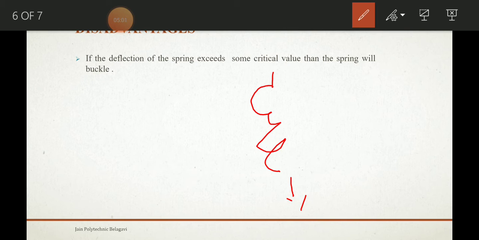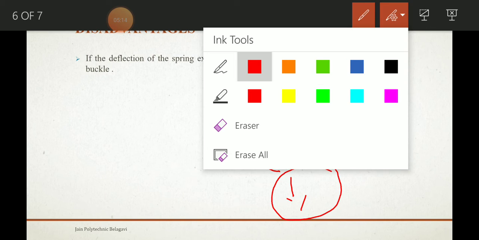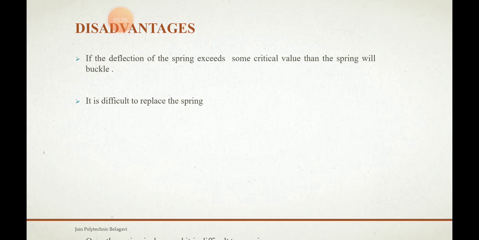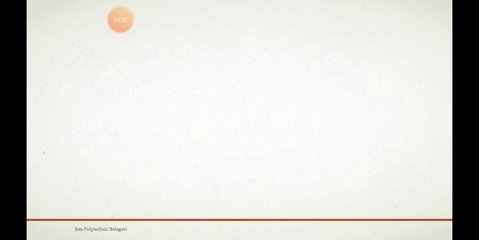But sometimes when this force exceeds some point, this spring is going to fail. That means it will undergo permanent deformation. It is difficult to replace the spring. Once the spring is damaged, it is difficult to repair it. So these are some of the disadvantages of springs.